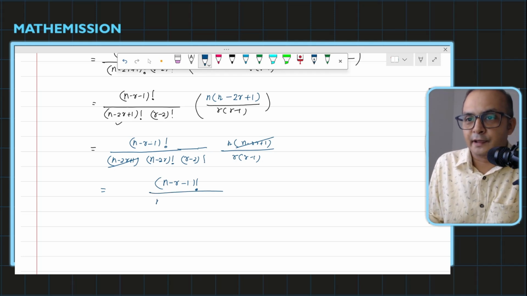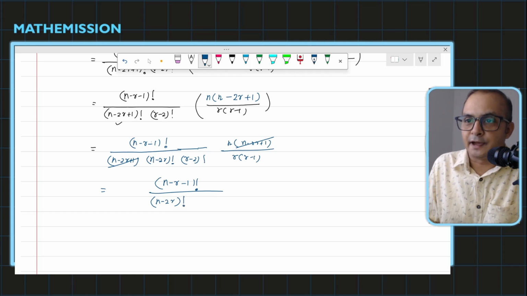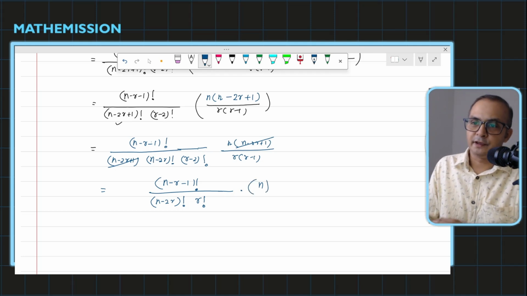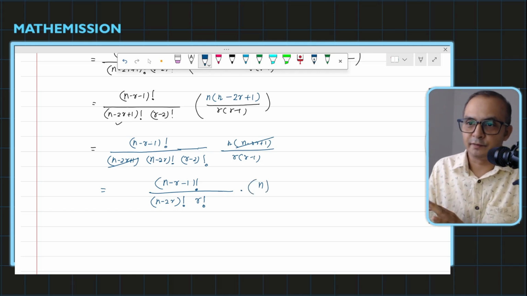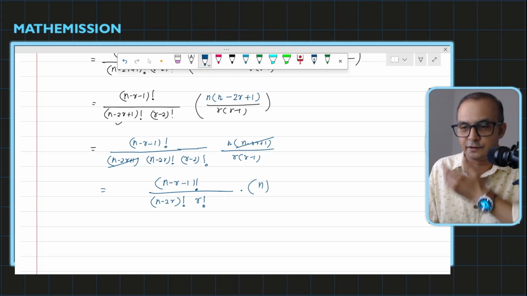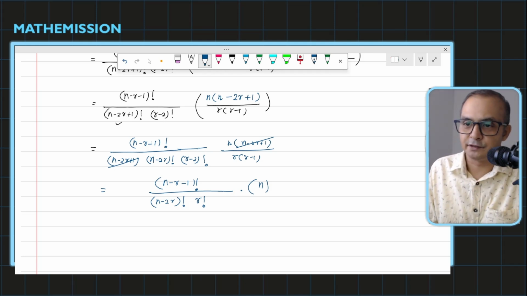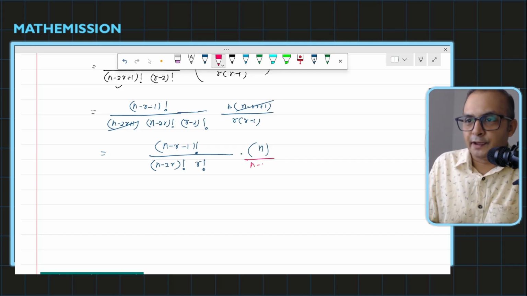divided by (n minus 2r) factorial, and this (r minus 2) factorial, r and (r minus 1) factorial all together can be written as r factorial, and this is going to be n. Now from here it's not that much a nice formula we have derived, but you can think better. It is divide and multiply by n minus r here.